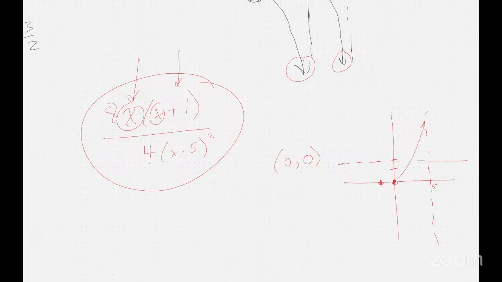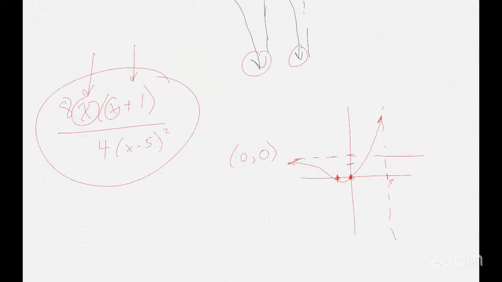Wait, could that be? Yeah, because it has to approach from the same side. Because this is squared, it has to approach it the same way. You know it has to be above it because there are no x-intercepts over here. It has to be going up like this.